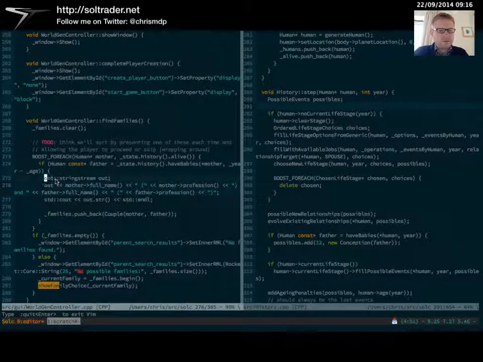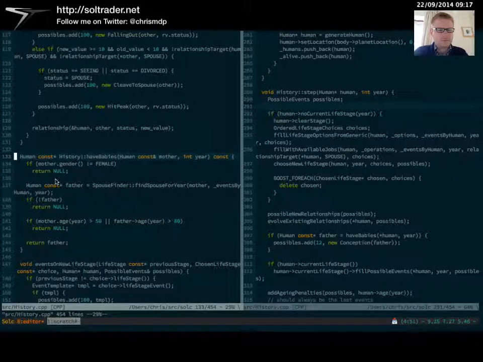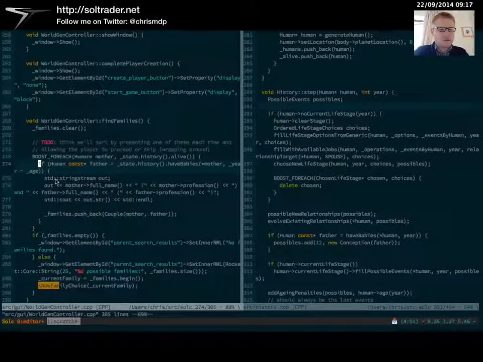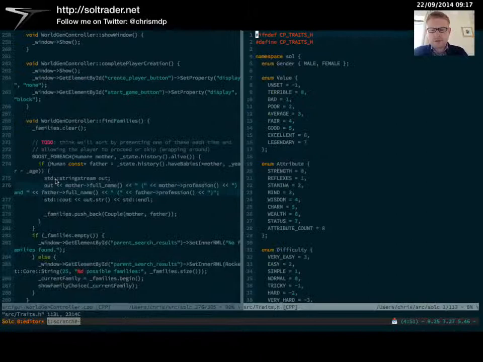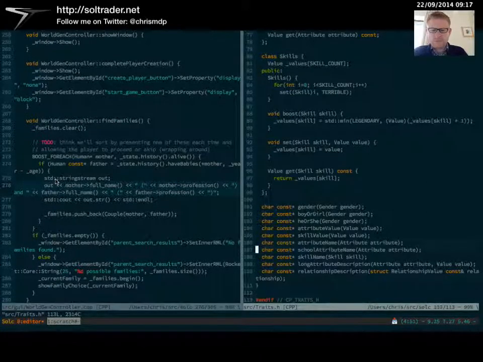So, unless the gender is actually incorrect. Okay, so it's quite possible that these women actually have the wrong gender. That would be something to check. I can check that by writing out the gender at this point.